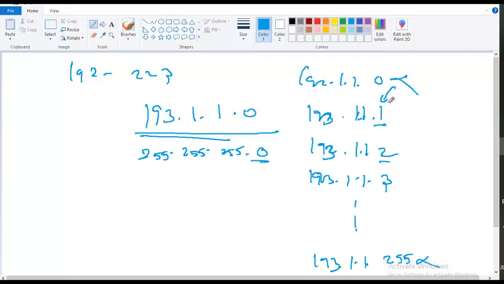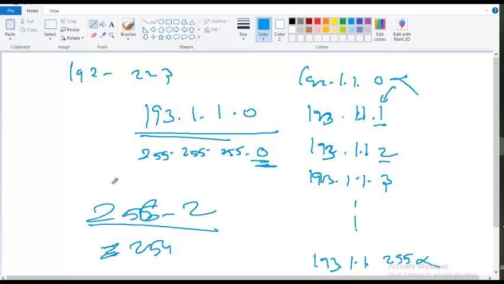So, how many IP addresses do you get? Actually, it's not 255 minus 2, it's 256 minus 2, which is 254 IP addresses. In another way, how many bits do you have here? 8 bits.